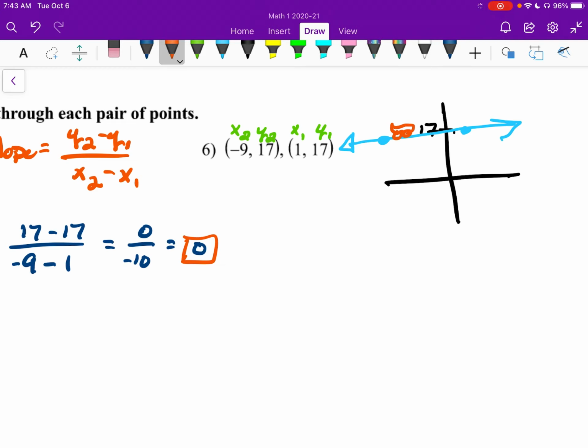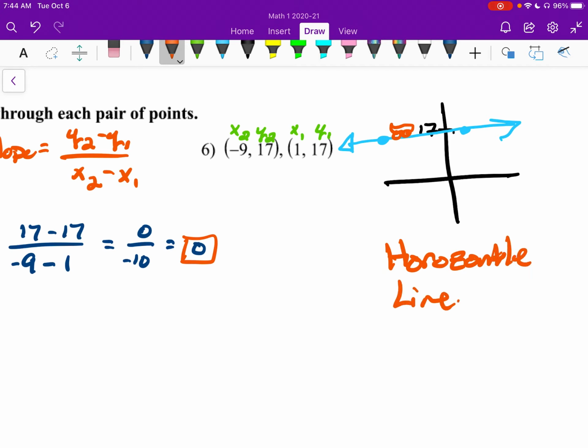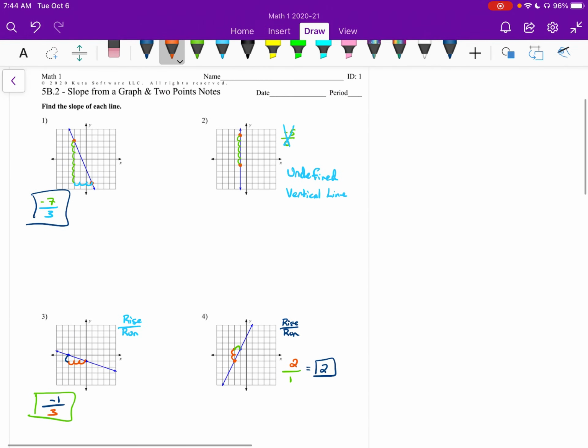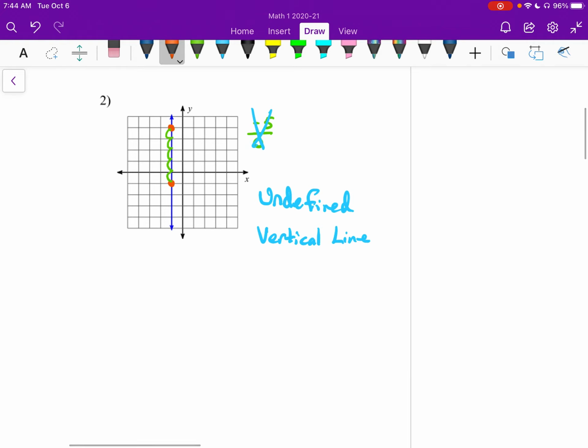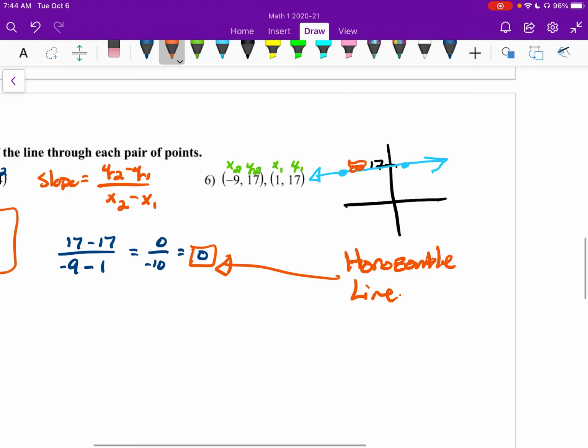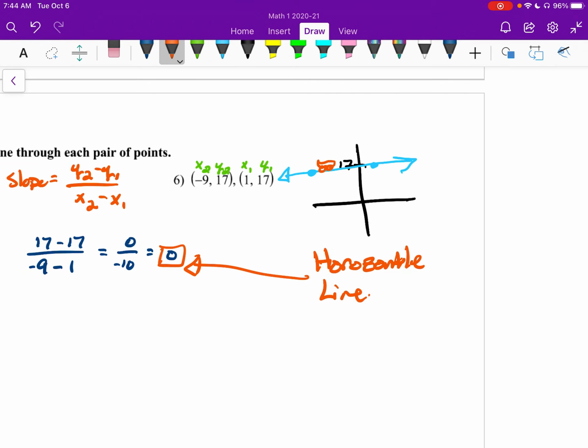It wouldn't be going uphill, it wouldn't be going downhill. It's going right in the middle, it's going at 0. So a horizontal line has a 0 slope. Okay, we talked about vertical lines up here. Yes, a vertical line has an undefined slope. A horizontal line has a zero slope, or a slope of 0.